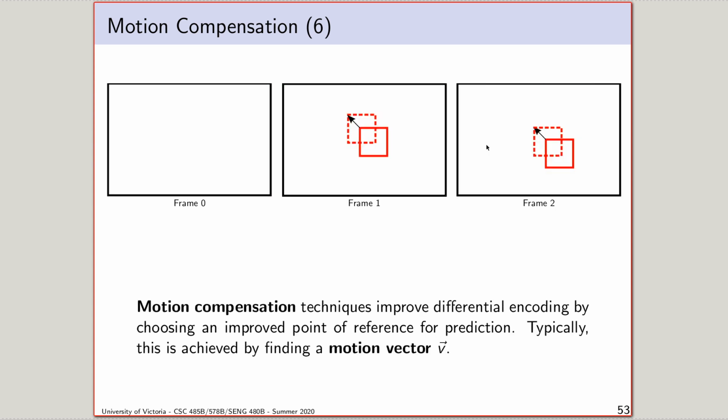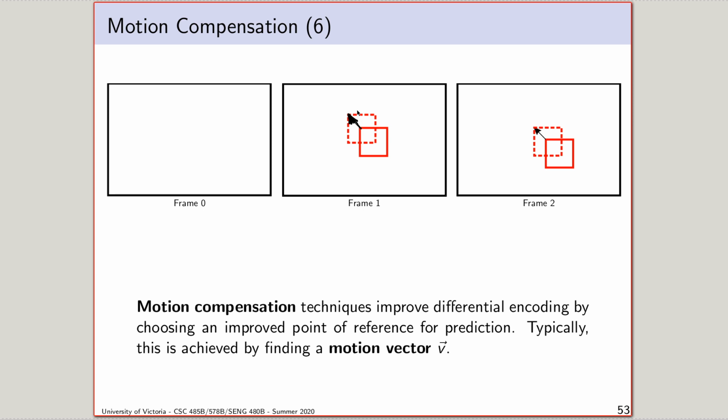So what we're talking about is something called motion compensation, where I want to compute delta values, but I don't necessarily want to use exactly the same location in the previous frame. I want to choose an offset, and we typically call this offset a motion vector. In this case, I'm encoding this block here, the one outlined in solid red. What I want to indicate is that I take differences with respect to a block in the previous frame, but a block that's been offset by this vector here.